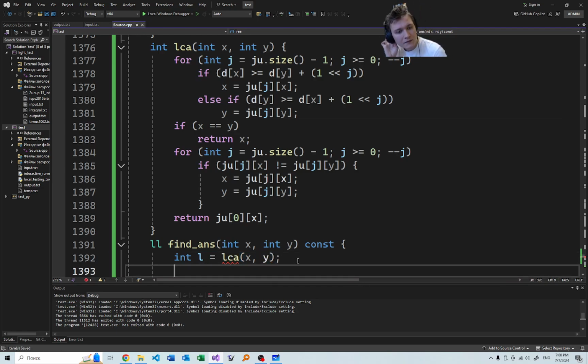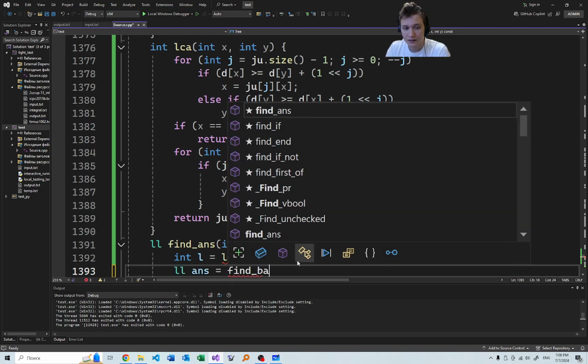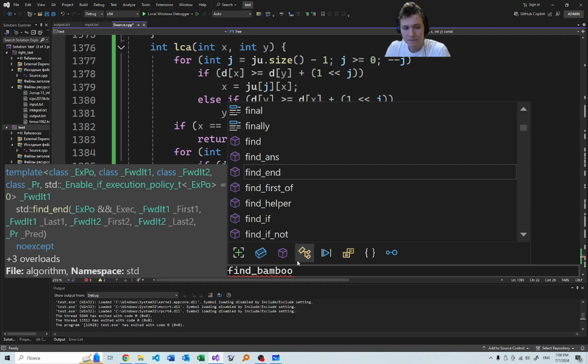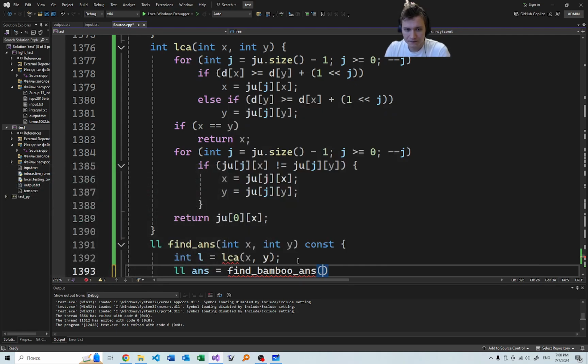Oh, okay. So what do we need to do? We need to actually find bamboo answer from x of length, let me think.